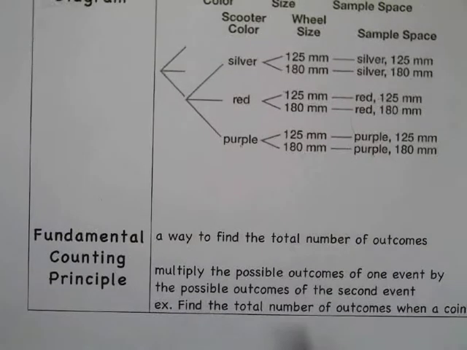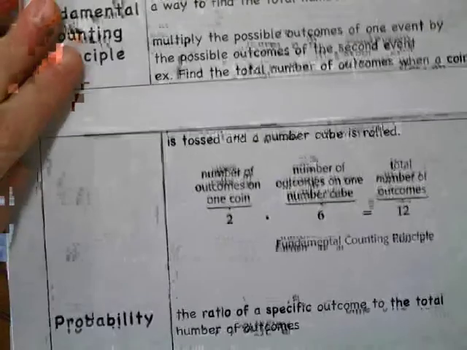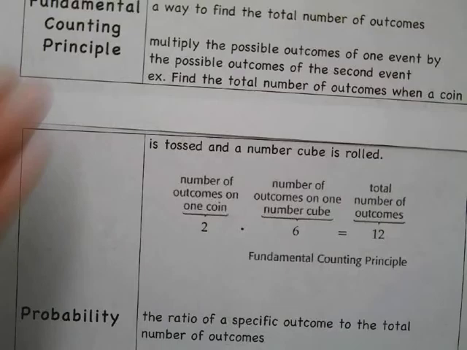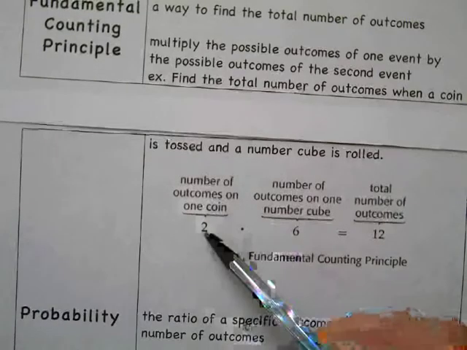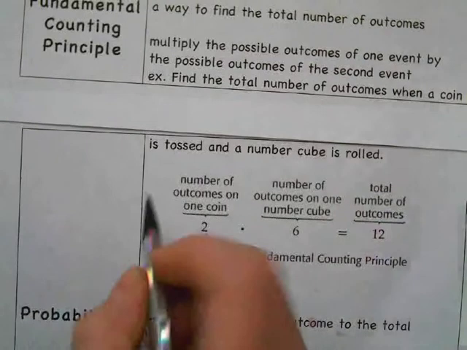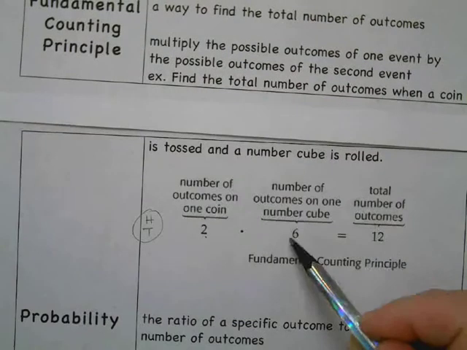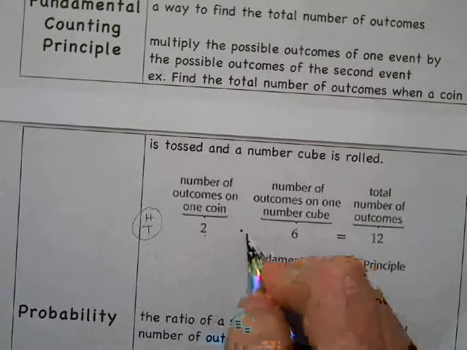So if we want to find the total number of outcomes when a coin is tossed and a number cube is rolled, well, the total of outcomes on one coin would be 2, heads or tails, right? The total of outcomes on a number cube would be any number between 1 and 6.